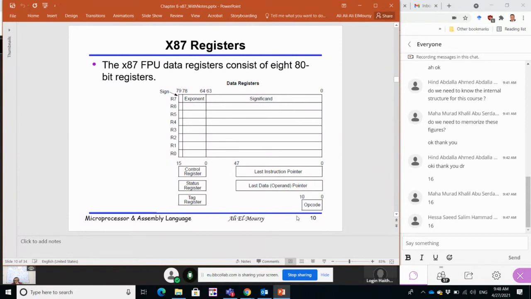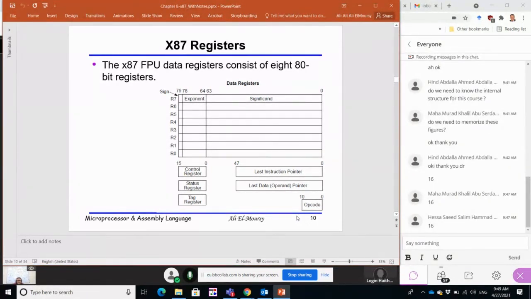An 11-bit opcode means how many floating point instructions can I have? The opcode register is the register that carries the opcode of the floating point instructions, and it has 11 bits.